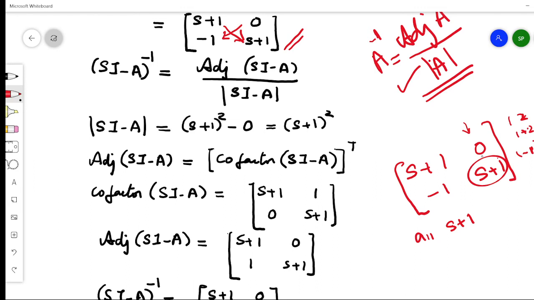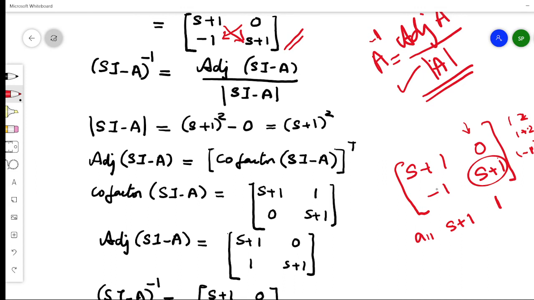Since it is 0, this one is like minus 1. So minus 1 raised to 3 into minus 1, so you'll be getting it as plus 1.